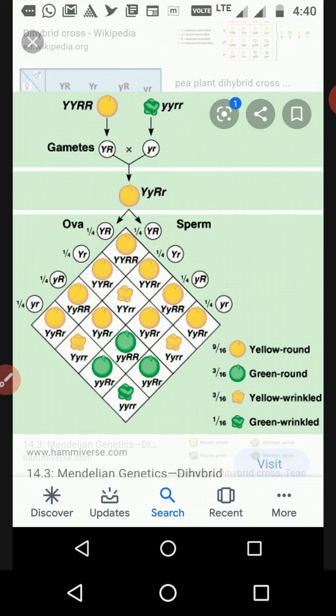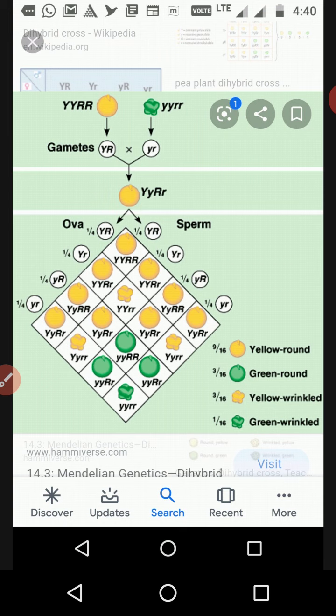You have to see in that combination the opposite character. Opposite character means green color and round shape.